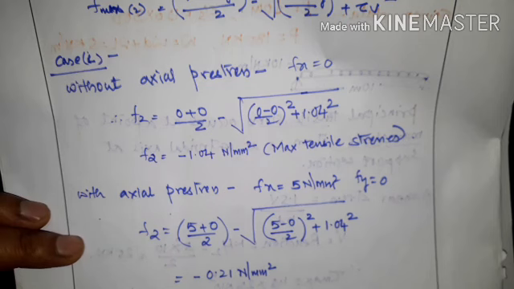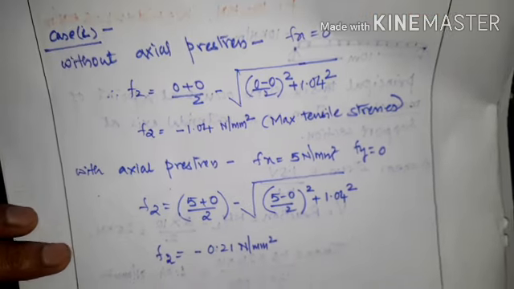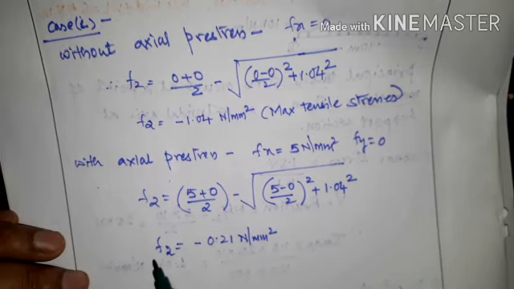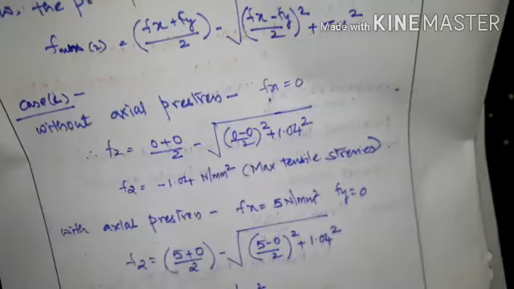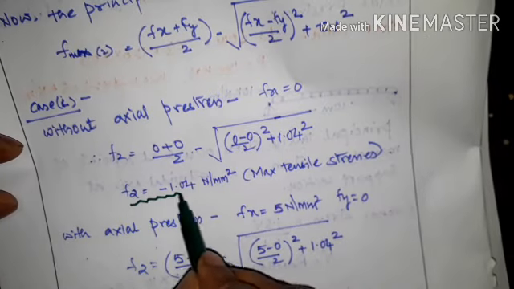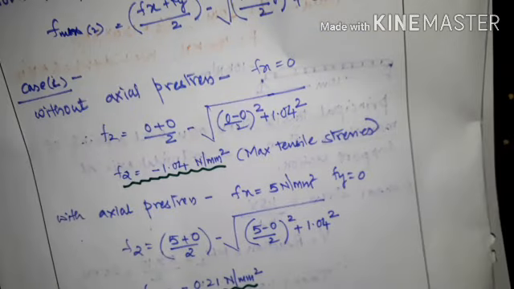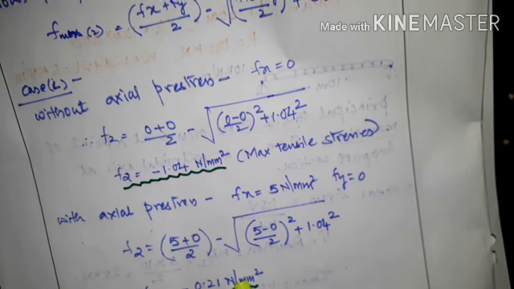That is, with pre-stress, we got the maximum principal stress or the tensile stress, F2, as minus 0.21, and without pre-stress F2 is minus 1.04 Newton per mm square. Okay, so what can you conclude from these two answers?